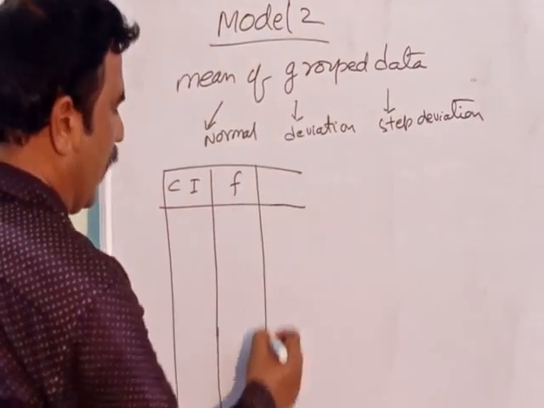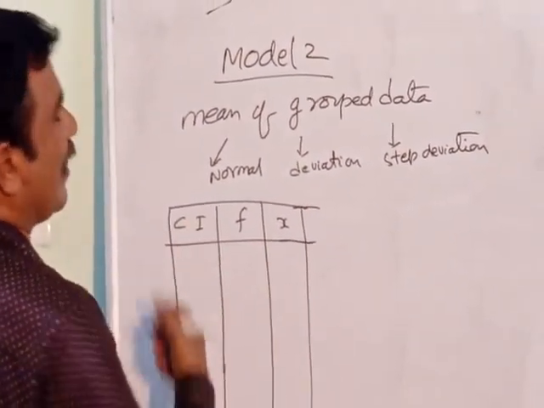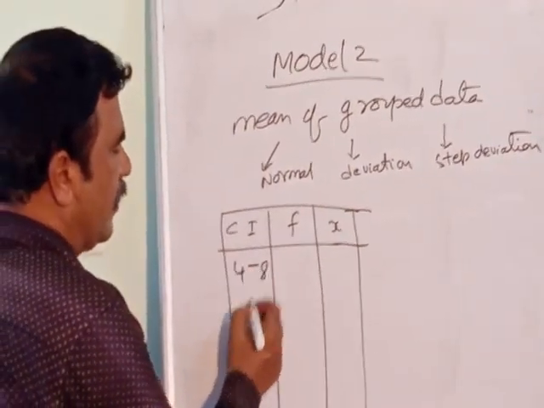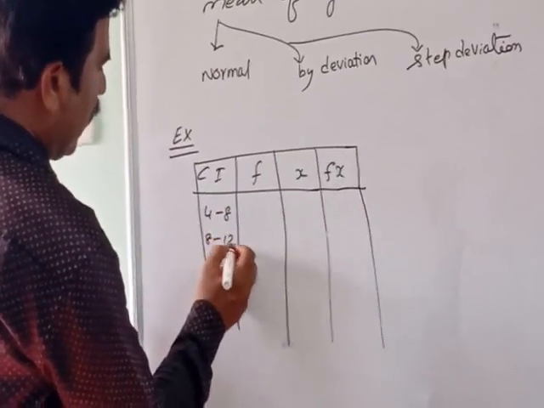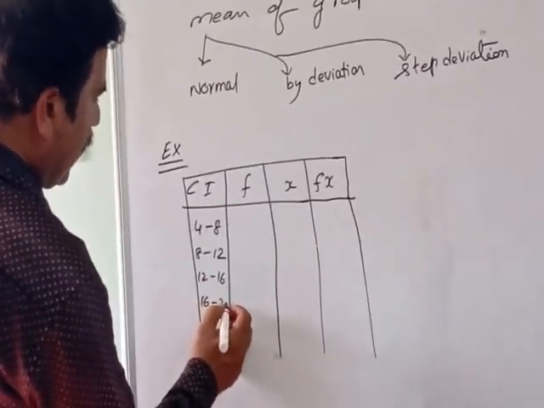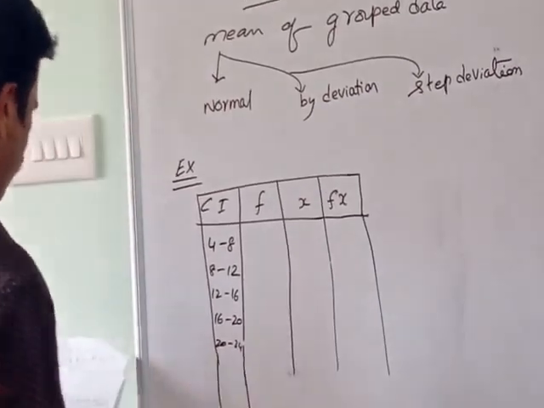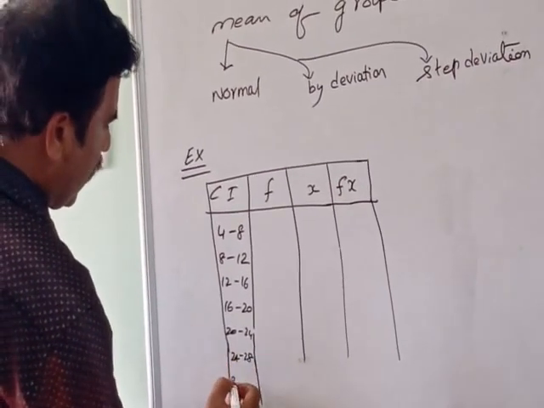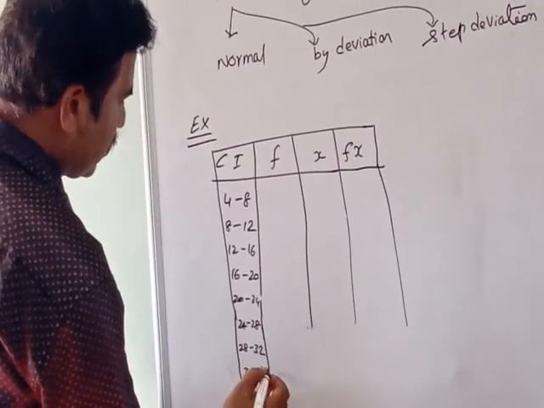What we need to find is the x value, which is the midpoint of the class interval. Example: 4 to 8, 8 to 12, 12 to 16, 16 to 20, 20 to 24, 24 to 28, 28 to 32, 32 to 36.